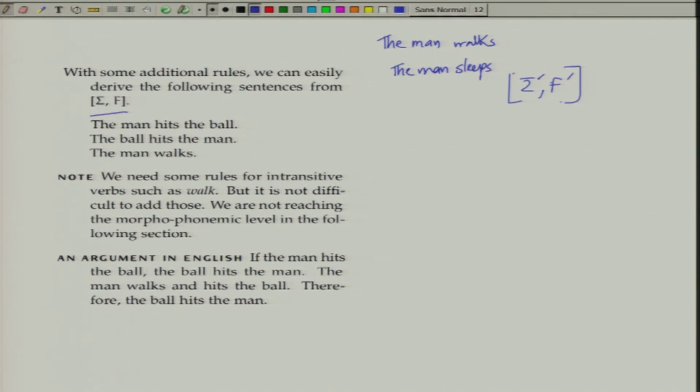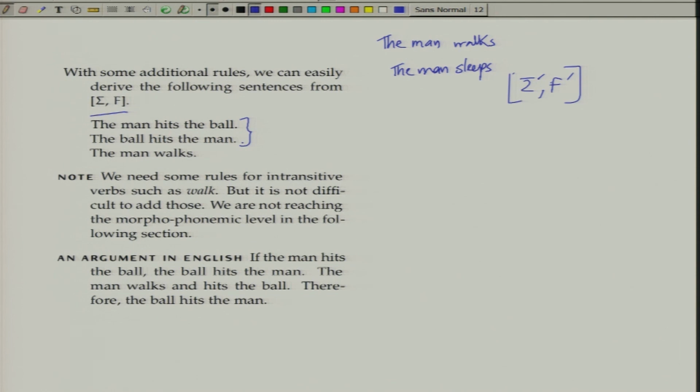By using this modified grammar sigma prime F prime, we can now make sentences like the man hits the ball, the ball hits the man, the man walks. These sentences could already be made in the old system, except the third one. It was not possible for us to make the third sentence, but with additional rules we could.